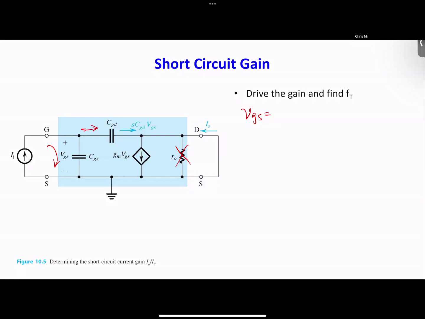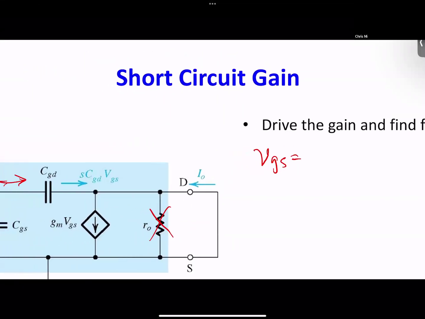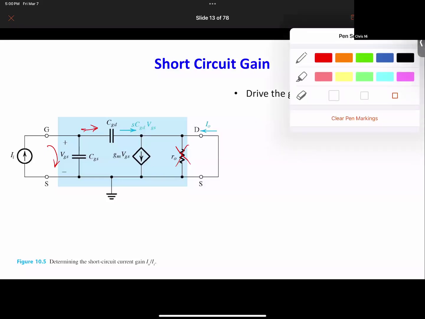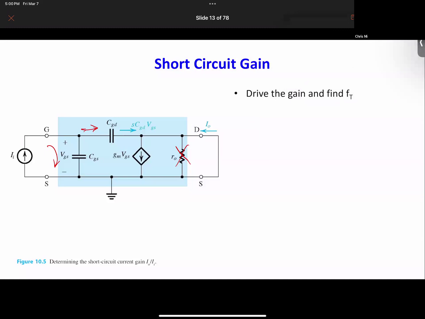Instead of writing VGS directly, let me write down a different way to express it. Let's write II equal to VGS times sCGS, which is the current this way, plus (VGS minus VO) times sCGD.